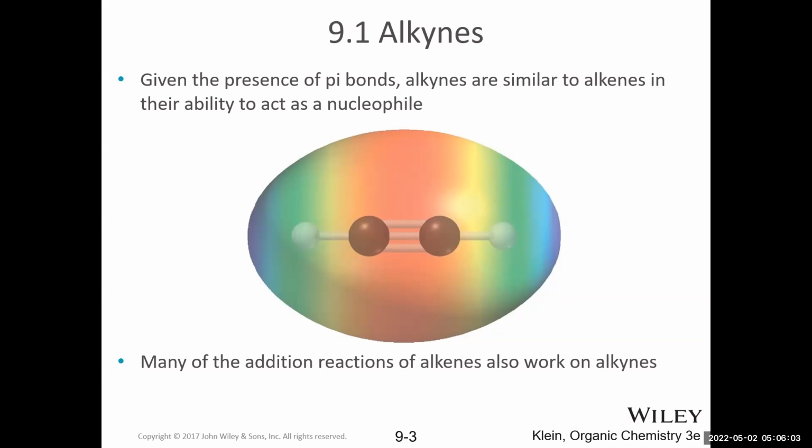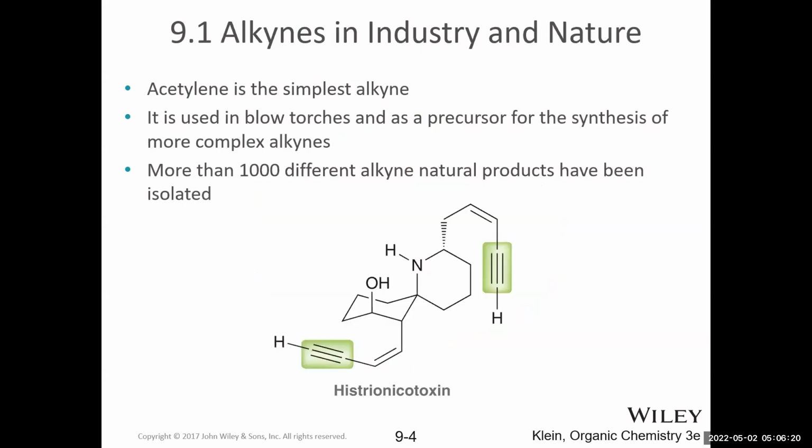Because there are two pi bonds instead of one, oftentimes the electrophiles that are added as reagents can add twice instead of once. So the reactions do have some differences, but you'll see a lot of similarities.